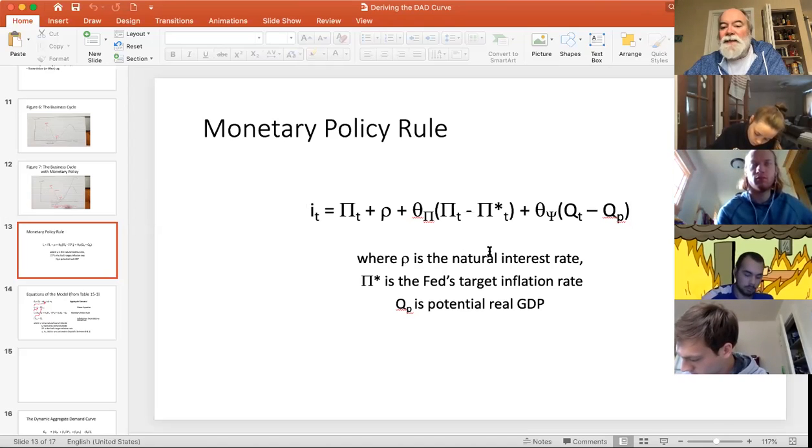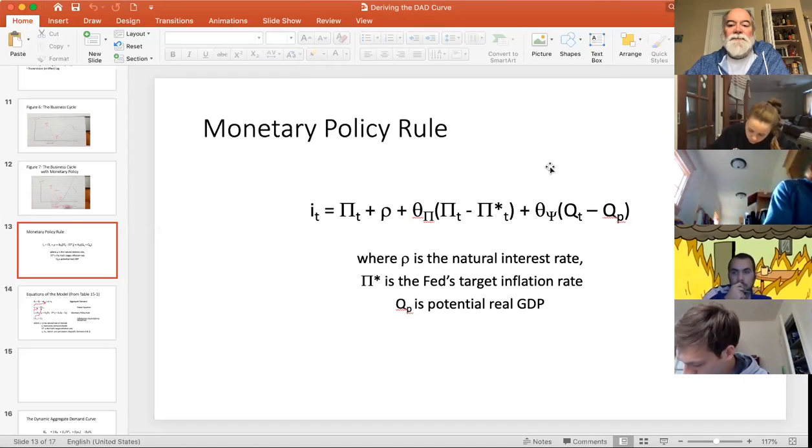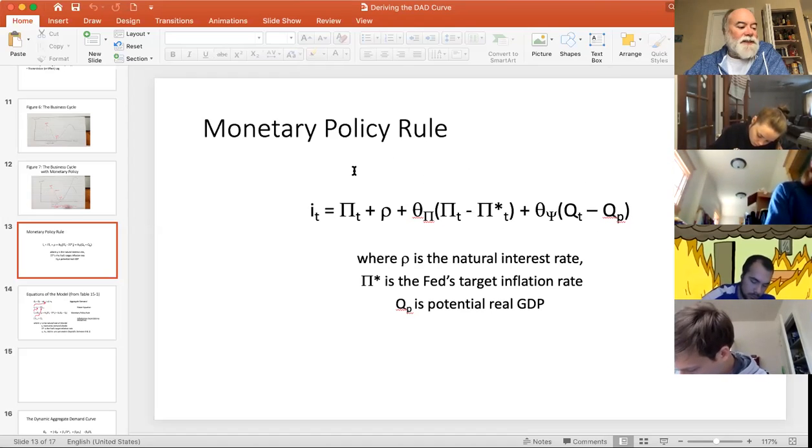Okay, so what the Taylor rule said was central banks pay attention to two key variables. One is GDP and one is inflation. So when the GDP gap changes, they automatically change interest rates. When the inflation rate changes, they automatically change interest rates.